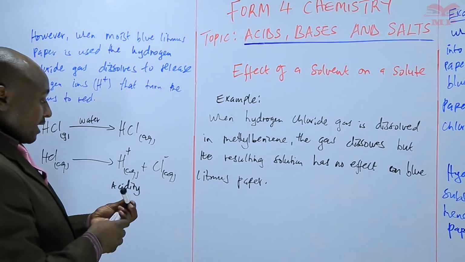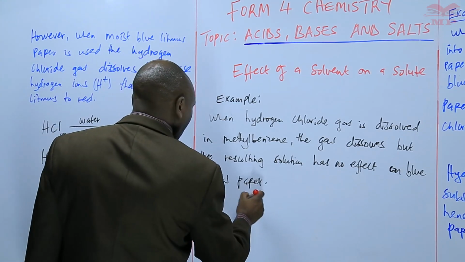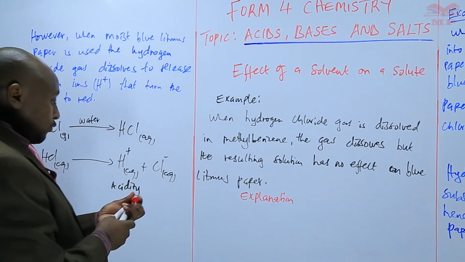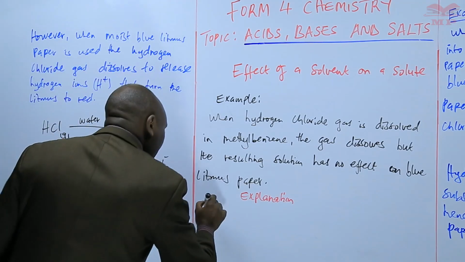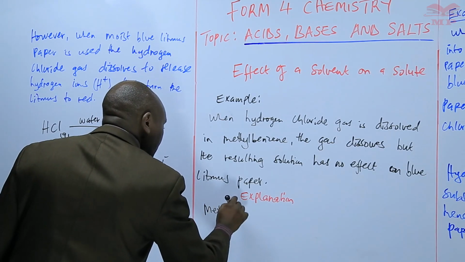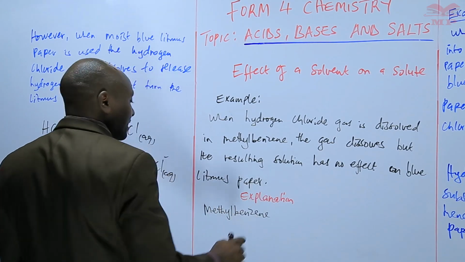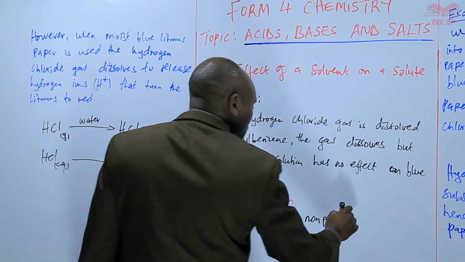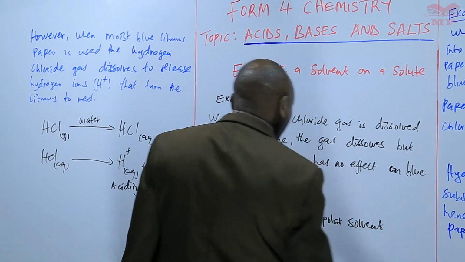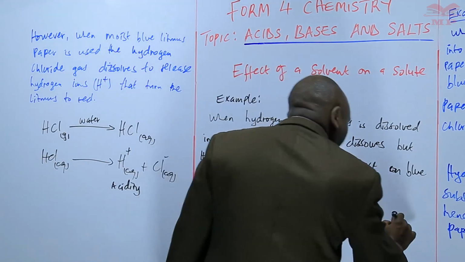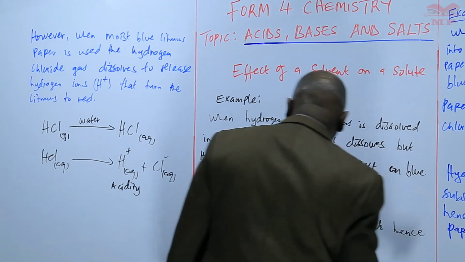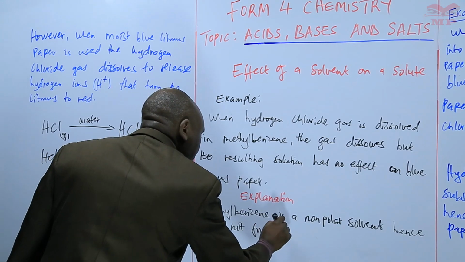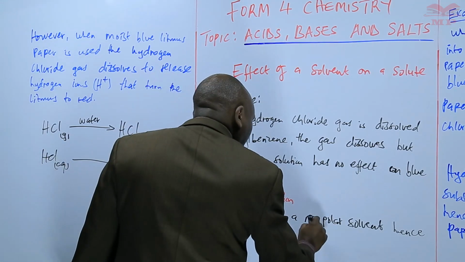The explanation for that is that methyl benzene is a non-polar solvent, hence does not form ions with hydrogen chloride.